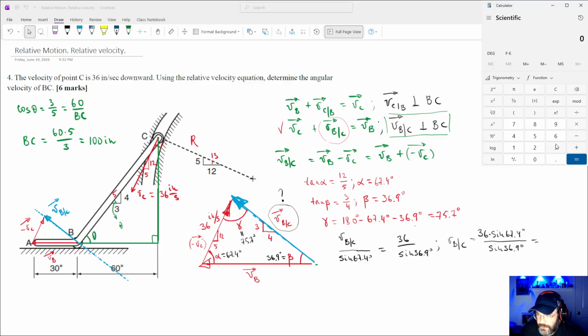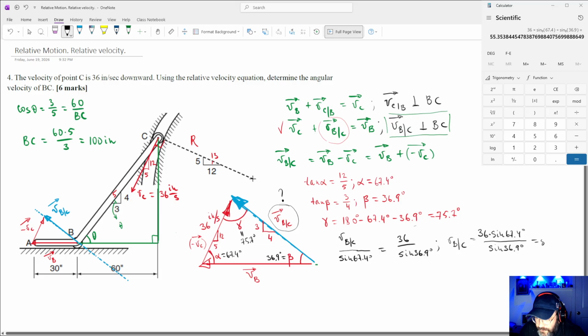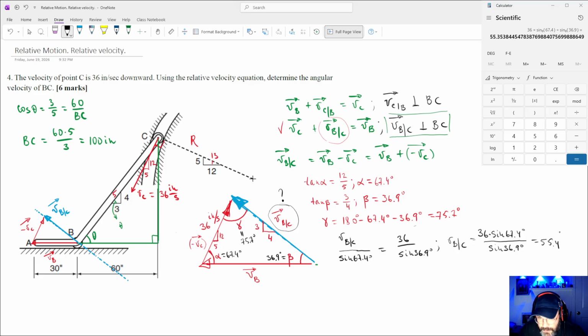So we have 36 multiplied by sine 67.4 divided by sine 36.9. Okay, so it's 55.4 inches per second, right?